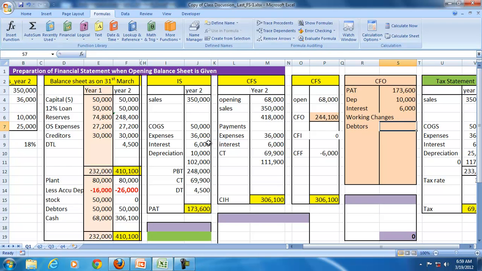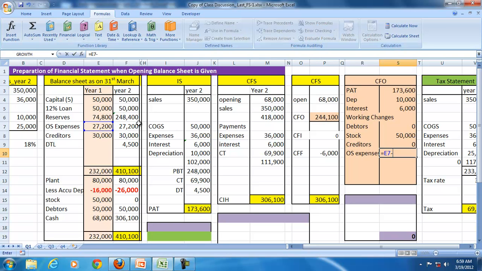Debtors: in this case, no change. Stock has reduced, which means we used the stock purchased earlier, so it should be added back. Creditors, no change. Outstanding expenses, no change.